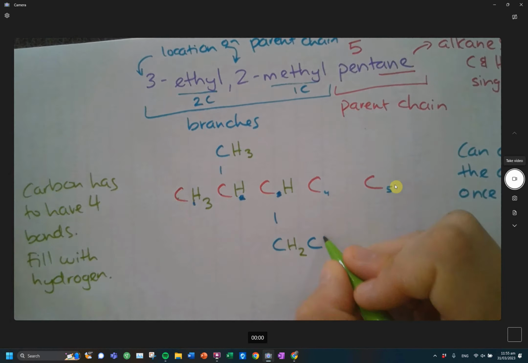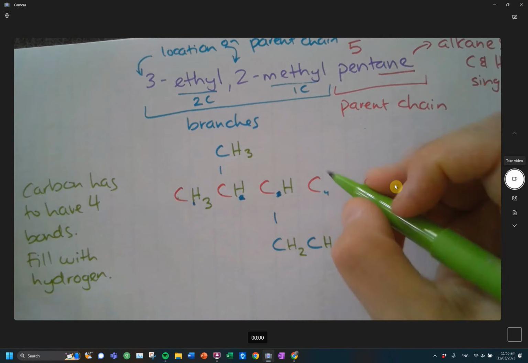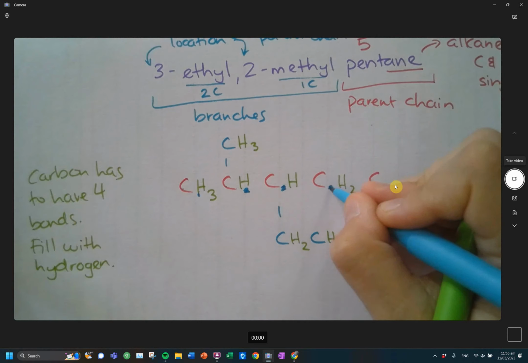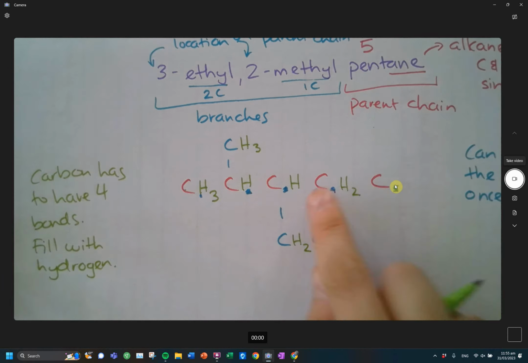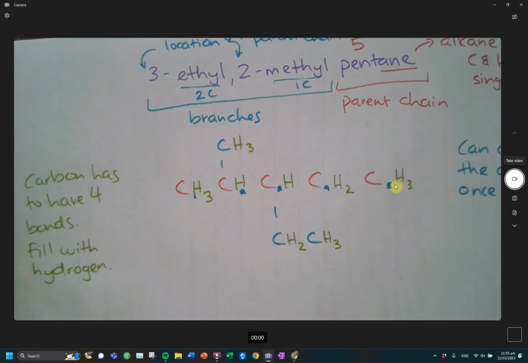Only 1 bonded to it, so it's going to need 3 hydrogens. This carbon over here, 1, 2, so just 2. And I'm just going to get rid of the little numbers on the side so we don't get confused. All right, the last one, 1, so that's going to be 3. And that's how I would draw that molecule.